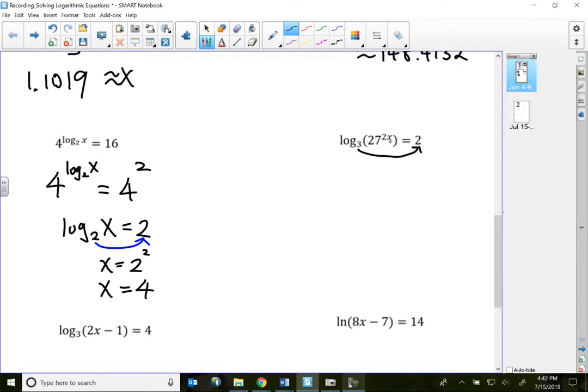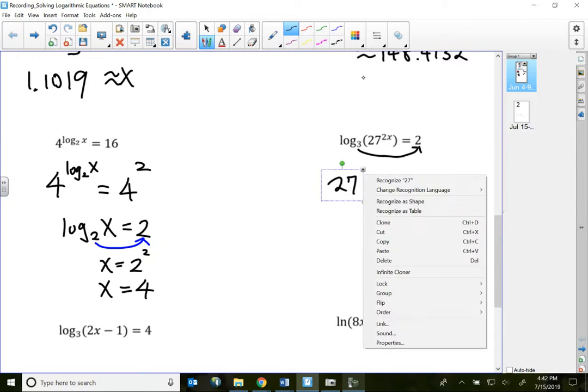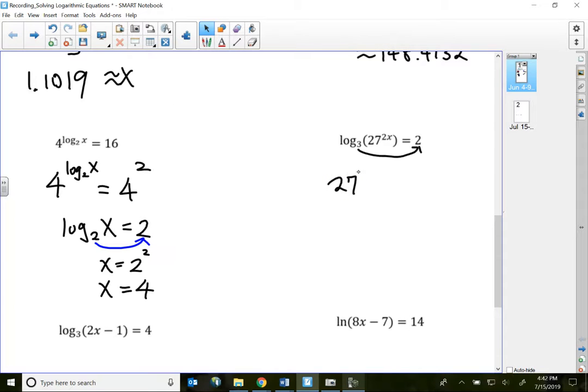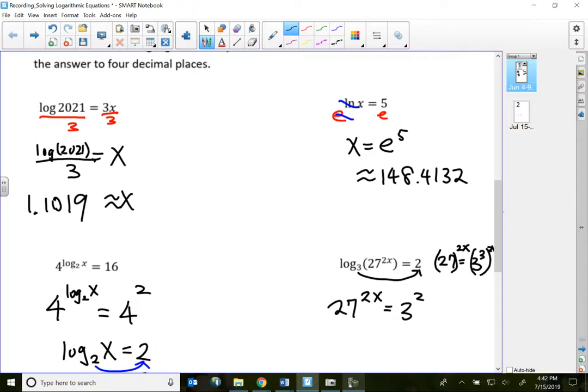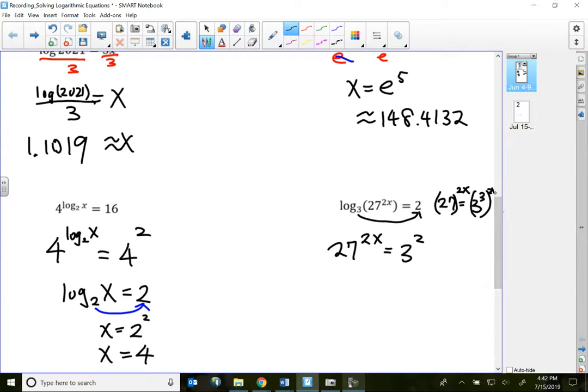So the left side would just be 27 to the 2x power equal to 3 squared. I'm going to make my 27 into base 3. 27 is the same as 3 to the third, but since I already have a 2x power on the outside of it, it will look like 3 to the third to the 2x power.